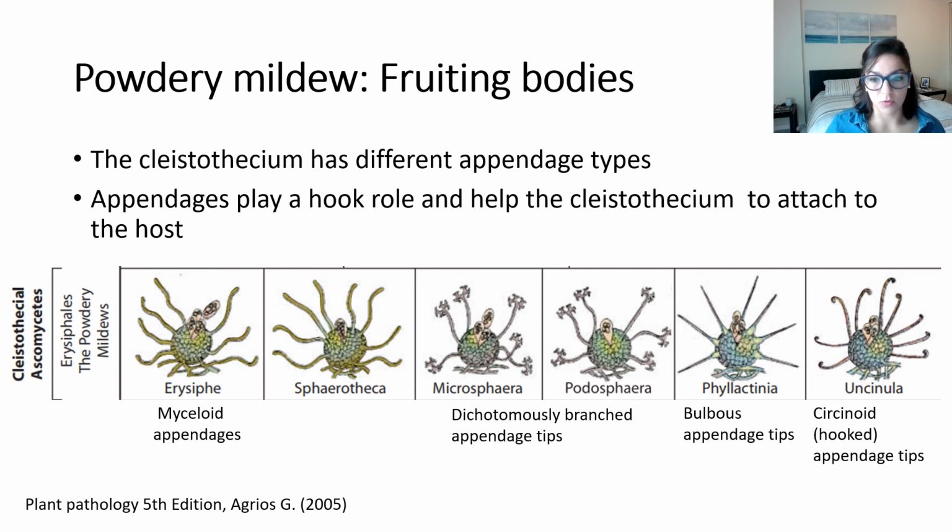For example, in this picture we have different genera, and we can see how Erysiphe and Sphaerotheca have mycelioid appendages. Genera such as Microsphaera and Podosphaera have dichotomously branched appendage tips. Genera such as Phyllactinia have bulbous appendage bases, and Uncinula has circinoid, hooked appendage tips. These are very important features to distinguish which genus we're working with.